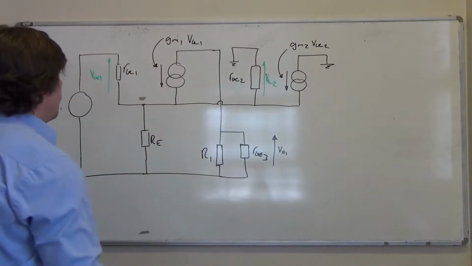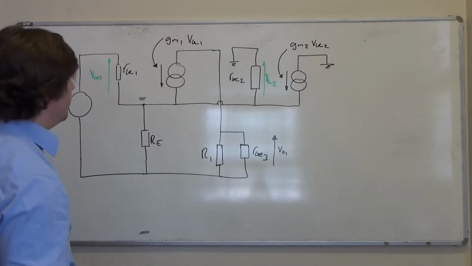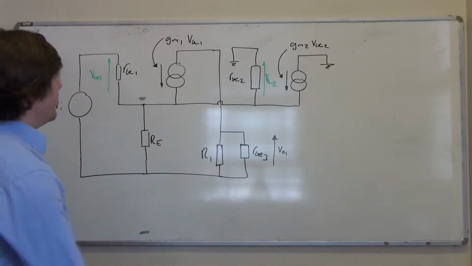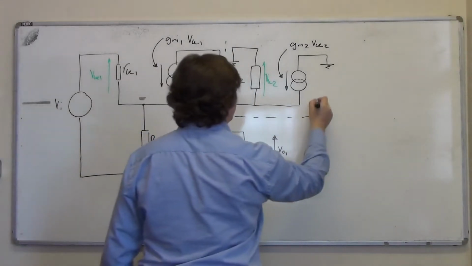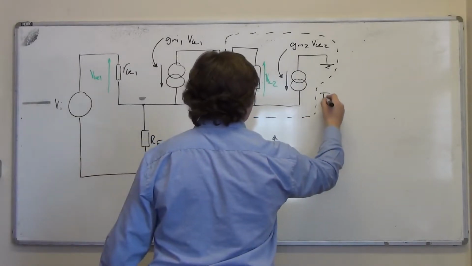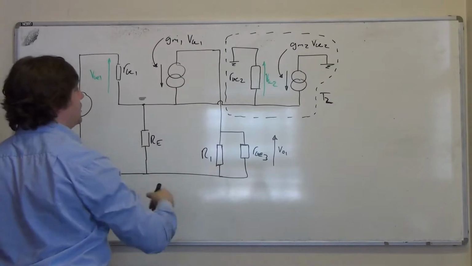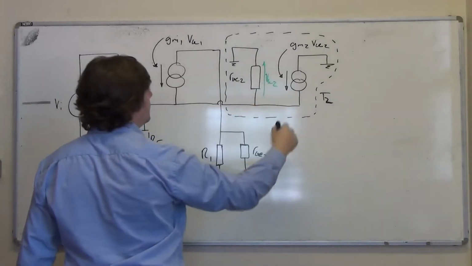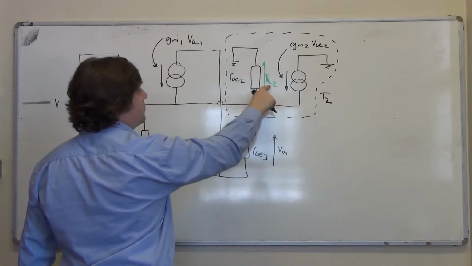So we could work it all out on this and it would be pretty horrific. We can actually rearrange our circuit by cutting this bit out. This is T2, and T2 is connected to the emitter of T1, but everything that comes off it goes to ground, and this dependent source is only dependent upon this voltage here.